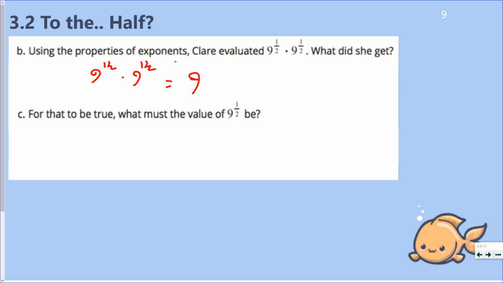Well, the only number I know that does that is 3. Yes, 3 times 3 gives you 9. We already know that. So 9 to the 1 half must be equal to 3. Interesting.